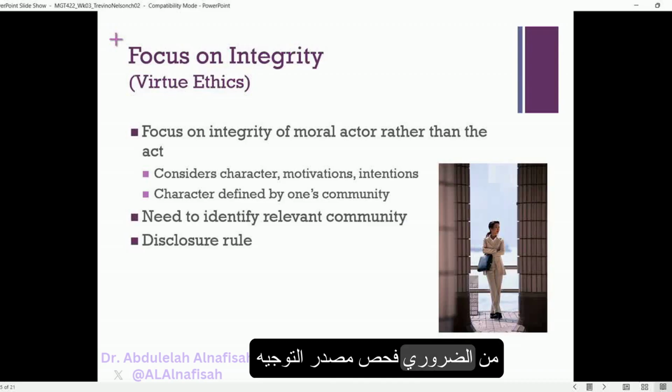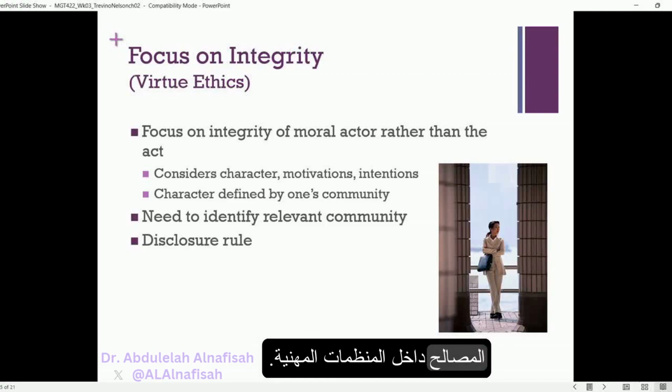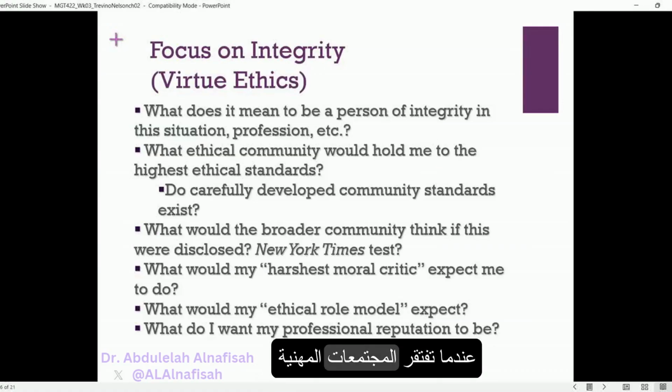However, it is essential to critically examine the source of ethical guidance, especially when conflicts of interest may arise within professional organizations. When professional communities lack clear guidance, or when faced with ethical dilemmas that challenge existing norms, individuals may turn to broader societal standards for moral guidance.